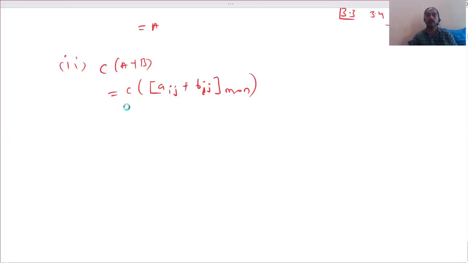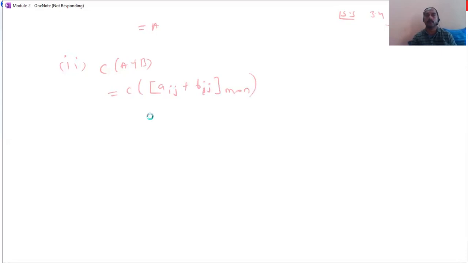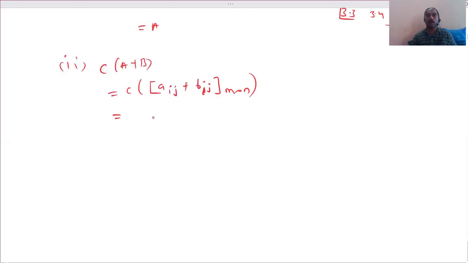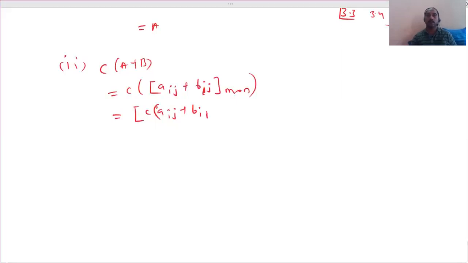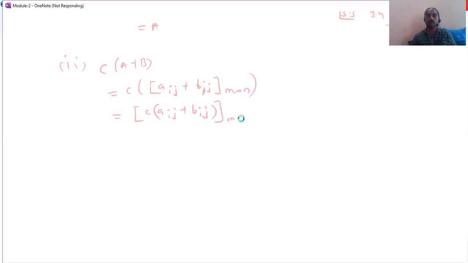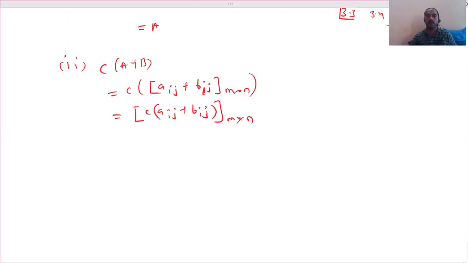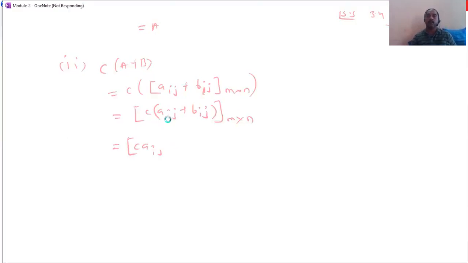Now send C inside. C times of A is a_ij plus B is b_ij, M by N. It is written in the form C times of A plus B by using the distributive property of the scalar.